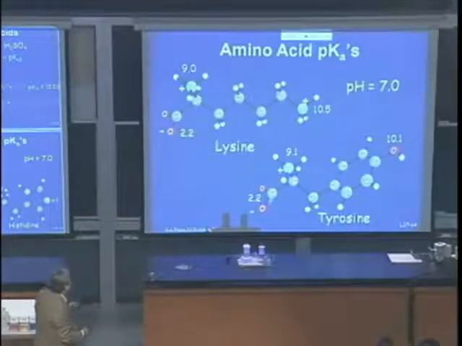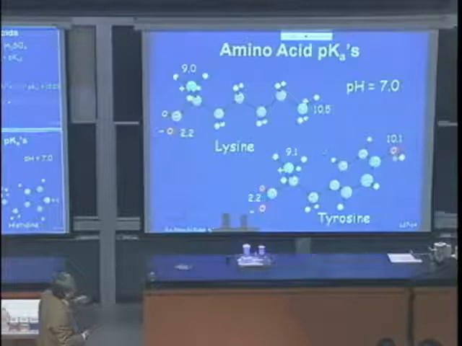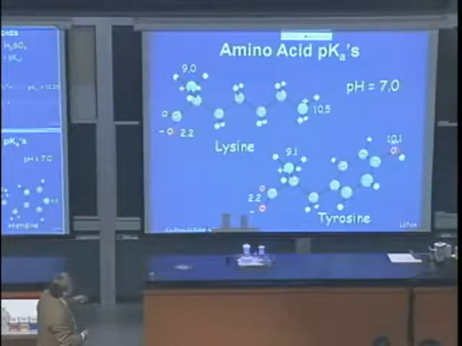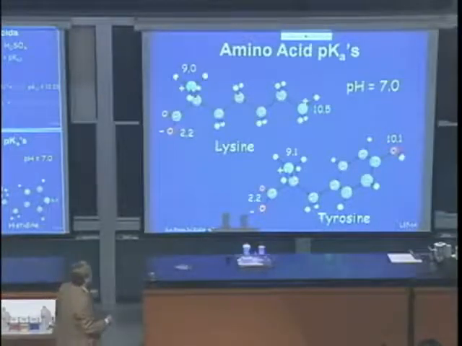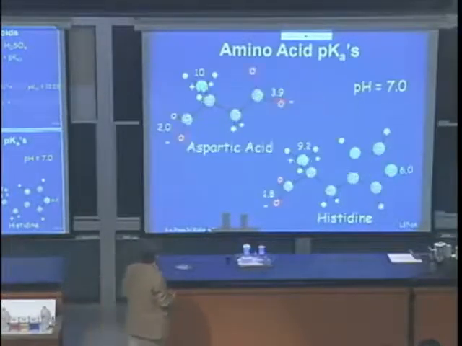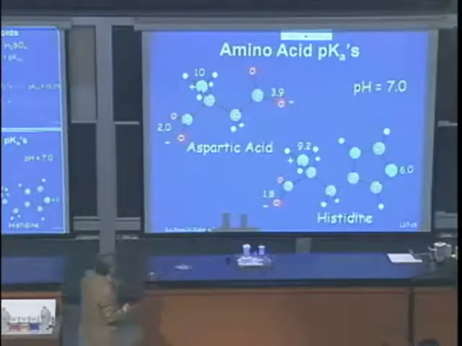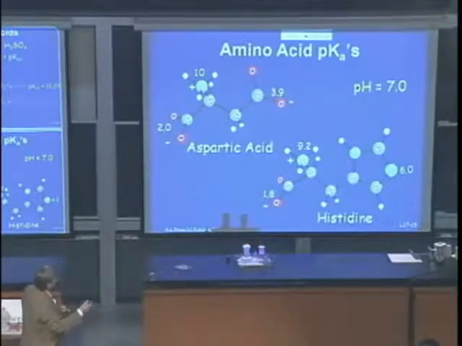Lysine, for example, has a pKa of 2.2. This one here is off, and this stays on, and this is obviously an OH here. This doesn't come off immediately, so you need to go above pH 10, tyrosine. Okay? Now, this would be aspartic acid and histidine. So, and we can go through the spiel.